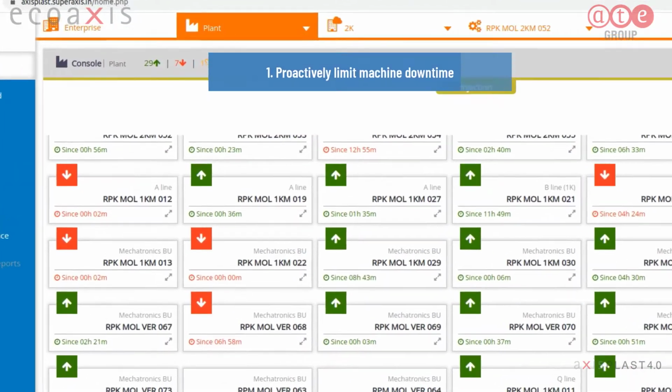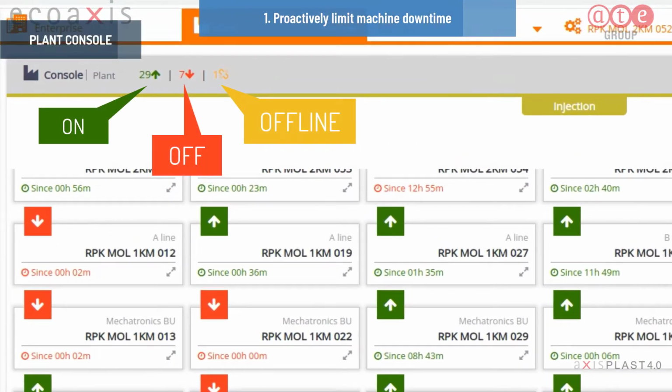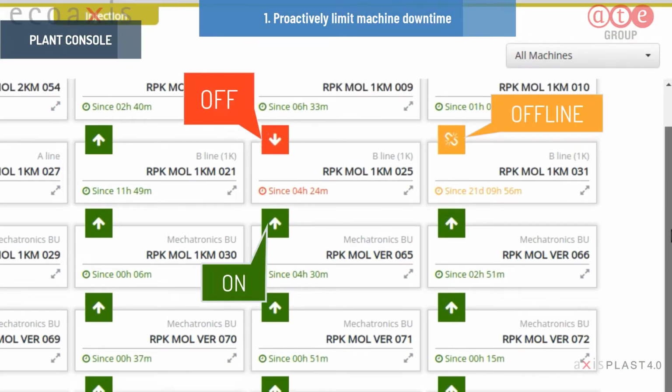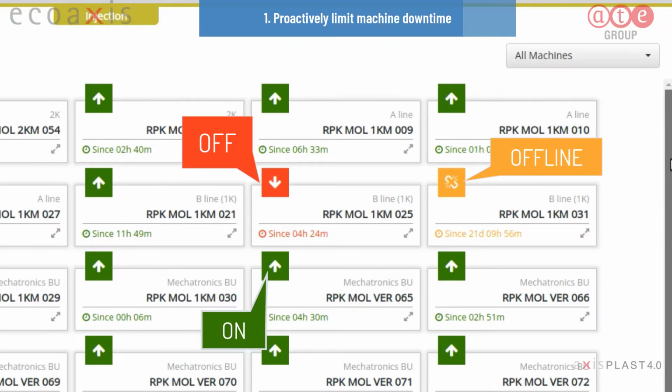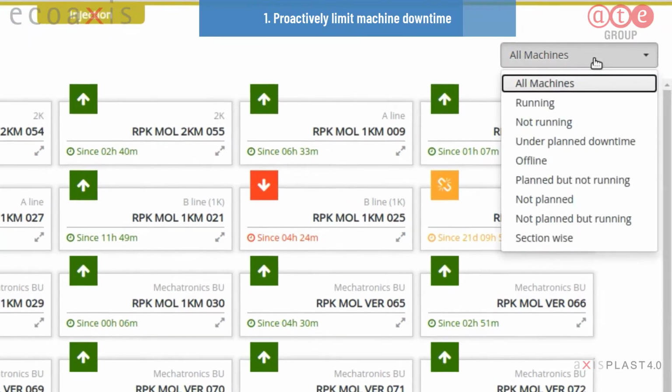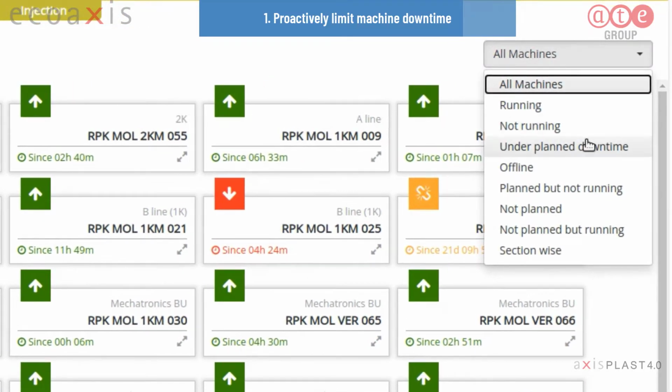axisPLAST displays the live status of all your production machines, providing you the visibility you need to arrest budding problems before they significantly impact results. The pre-filters help you zoom into the most essential areas of interest.